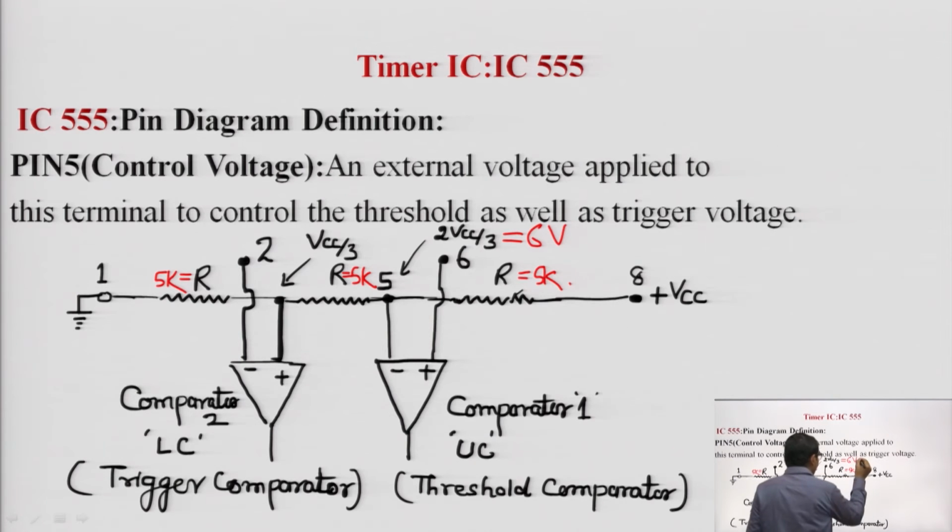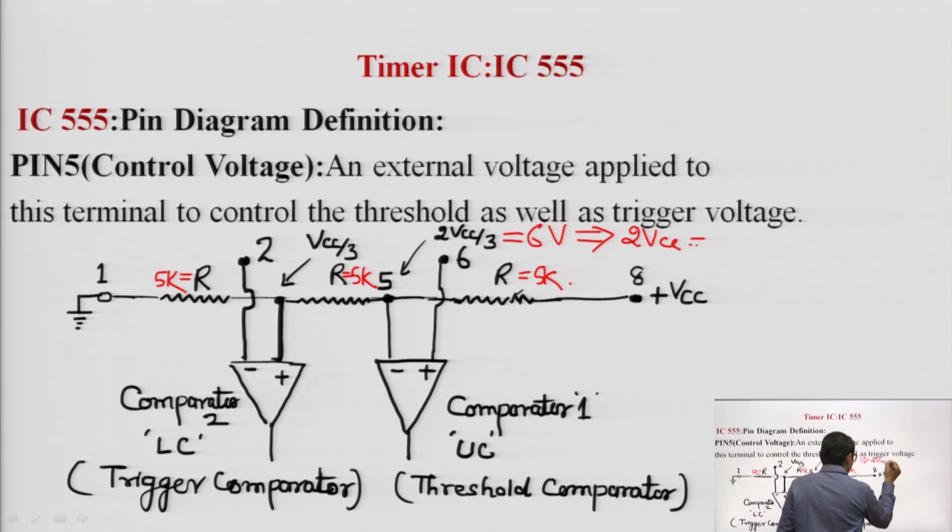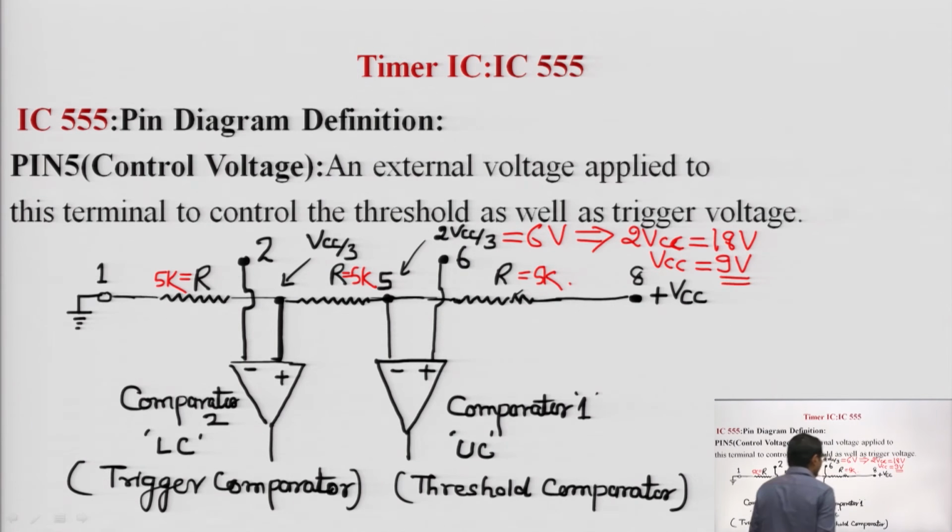So here, if you calculate, 2 VCC by 3 is 6 volt, with VCC at 9 volt. Then it works with the 9 volt.